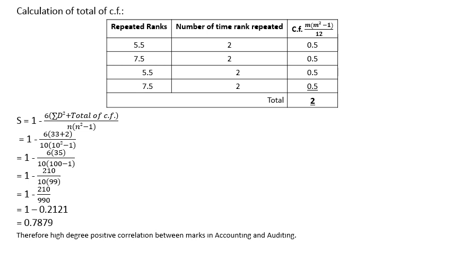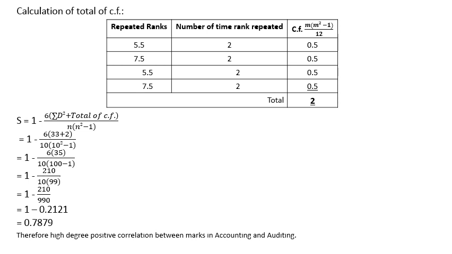You can see I have shown slightly to the right side. Now right indent. Now 5.5 that value, the rank repeated in second set of value 5.5 that repeated twice, average of rank is 0.5. Rank 7.5 repeated twice, 0.5. Now if you add up the correction factors, then total of the correction factor is 2.